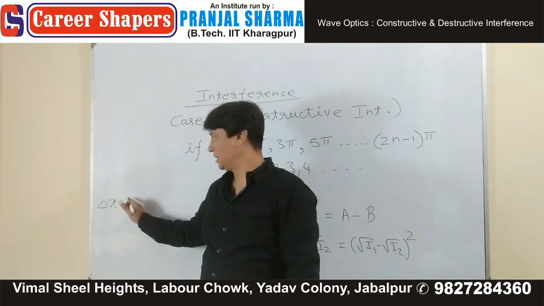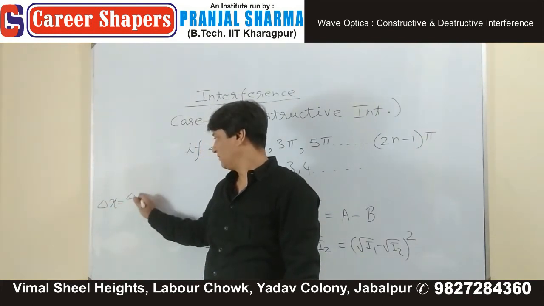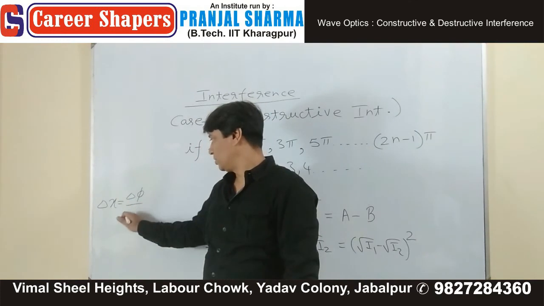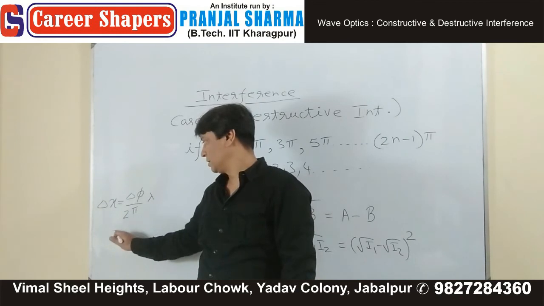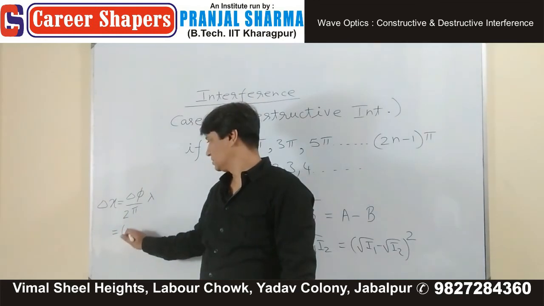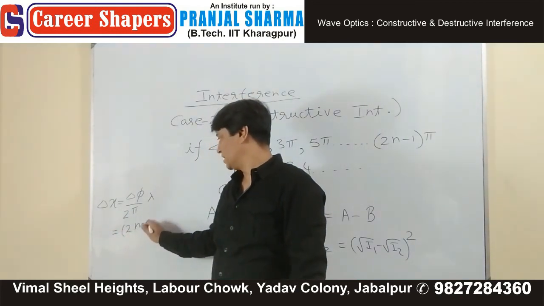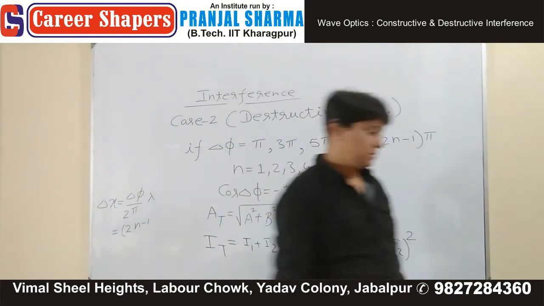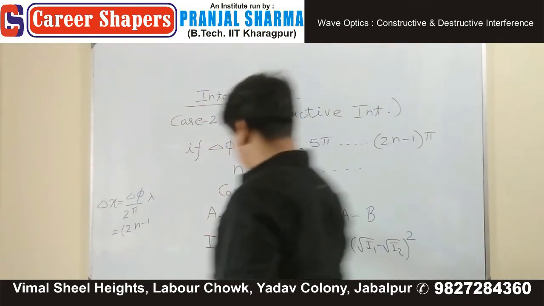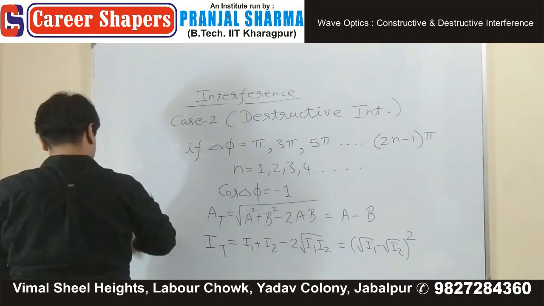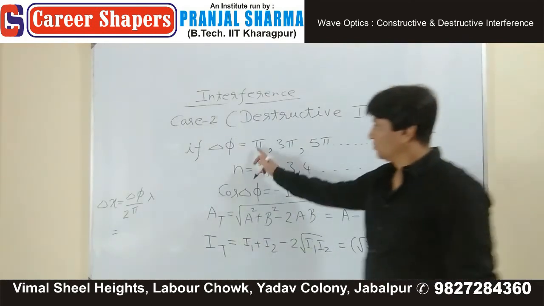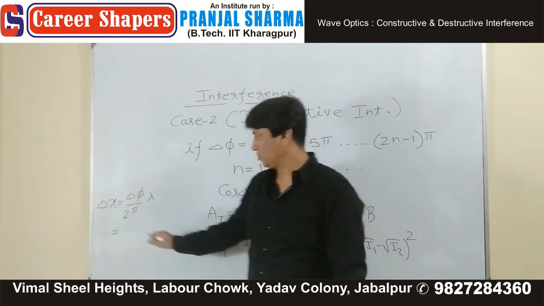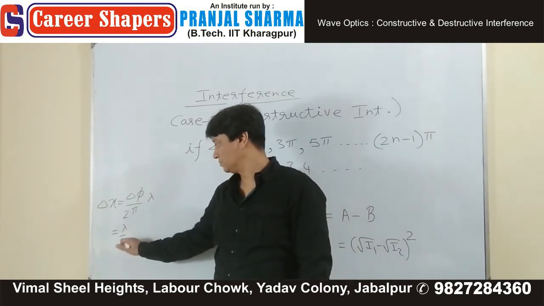Delta x will be delta phi upon 2 pi into lambda, that is 2n minus 1 pi upon 2 pi, you get lambda by 2.